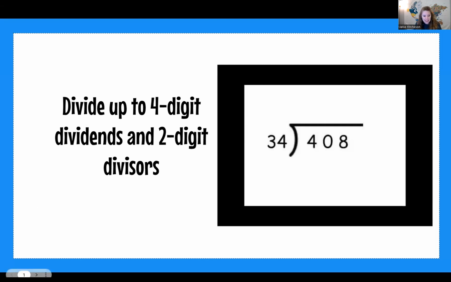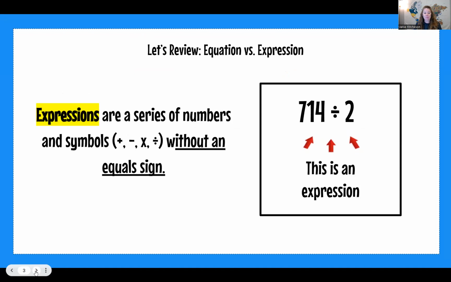All right, so today we're going to divide up to 4-digit dividends and 2-digit divisors. Expressions are a series of numbers and symbols without an equal sign.